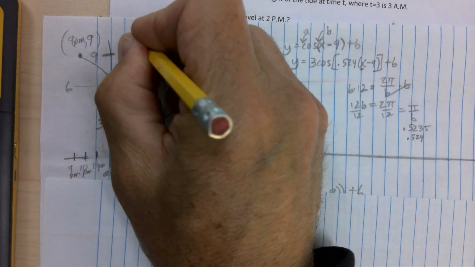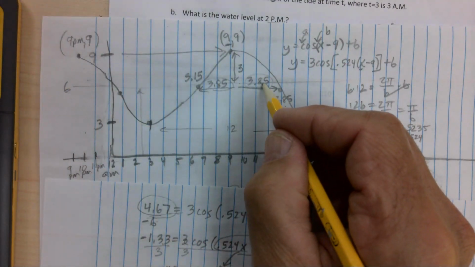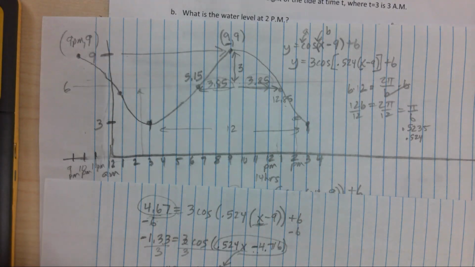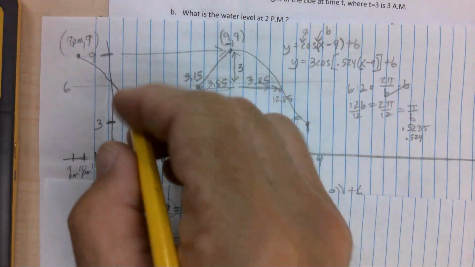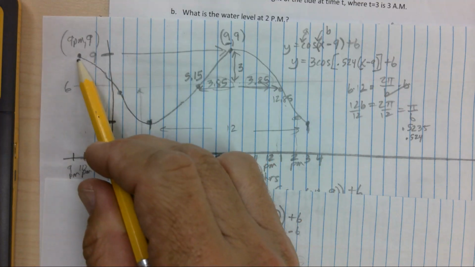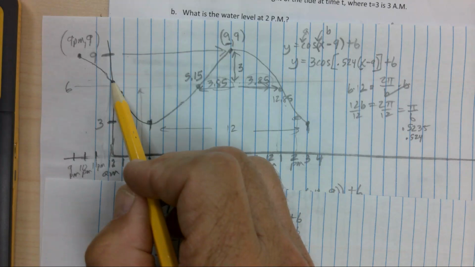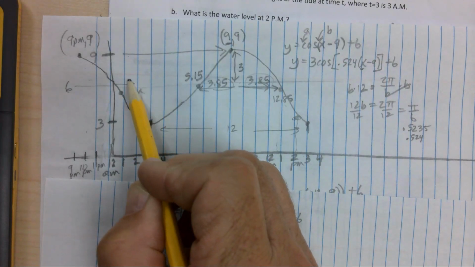So I'd have to go 9 p.m. minus 3.85. So let's try that. And I get 5.15. So that would put us 3 hours this way, and then 2.15 more this way.